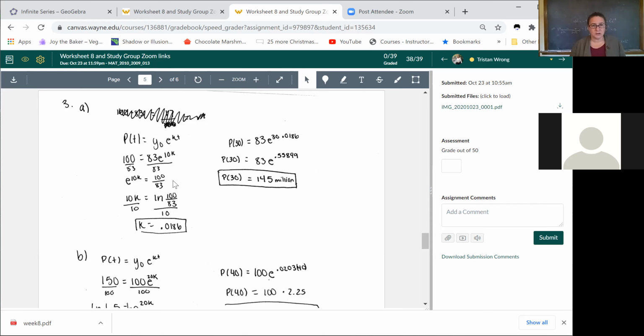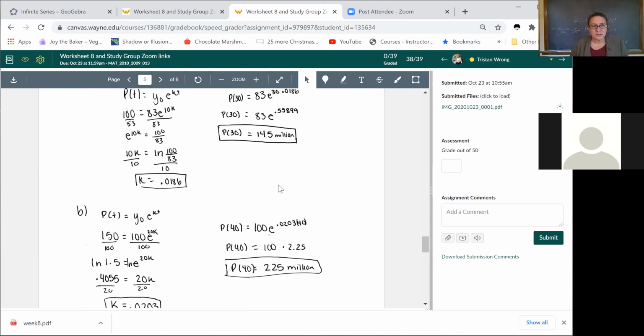And then she knows that the population at 1960 would be 100, but if T equals 0 is 1950, then T equals 10 is 1960. So that's why it's 10 here, 100 equals 83 e to the 10K, and then she used that to solve for K. And when she's got K, she puts that back into here and can figure out what the population should be at 30, which is 1980. And you see it came a little bit too low, right? It came at 145 when the actual population was 150.